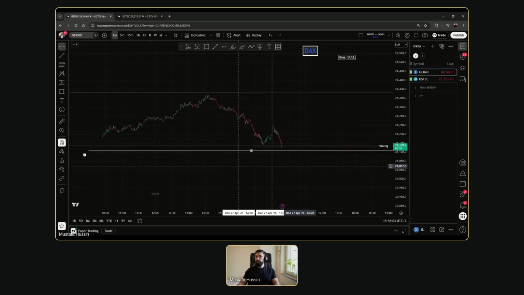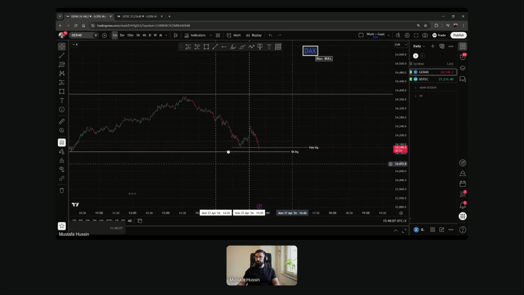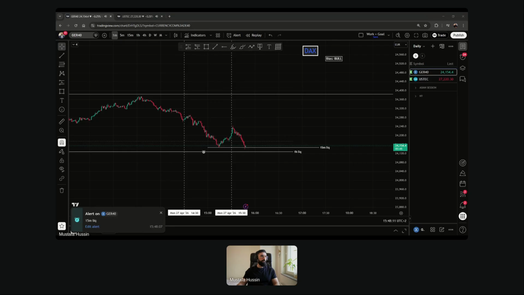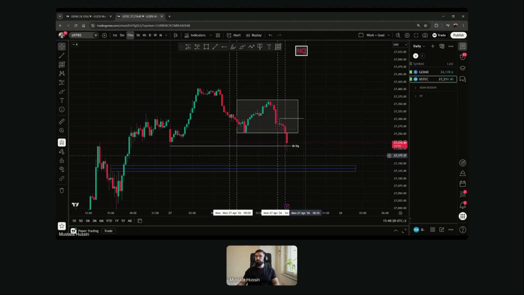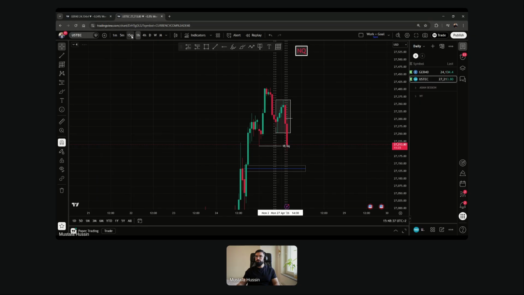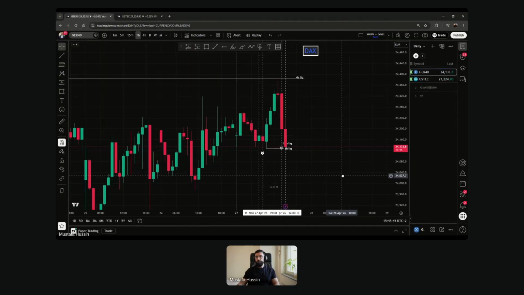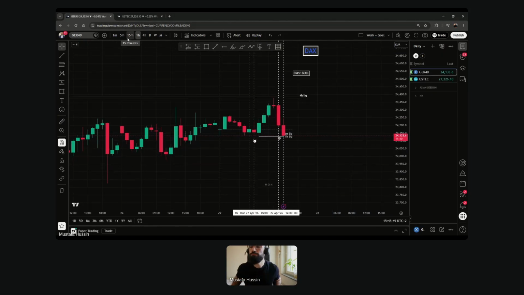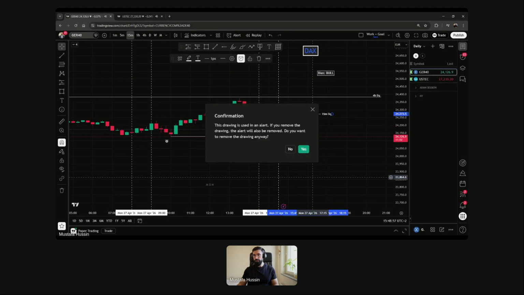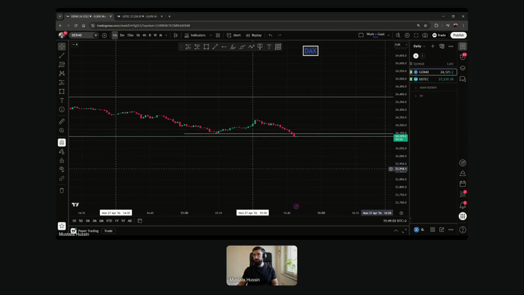So if we jump to the 1-minute, it just swept 1 hour liquidity. Let's see.